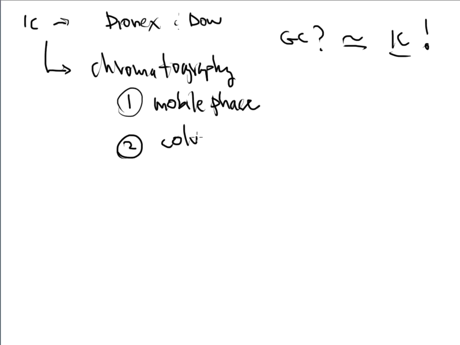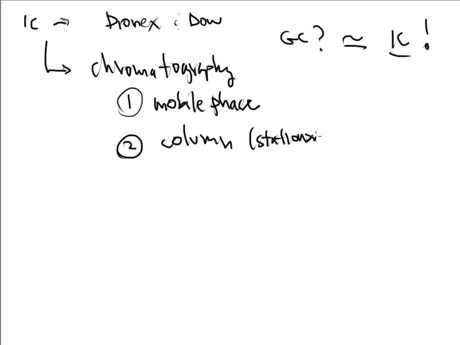We also have to talk about the column. The column is where the separation begins to take place. In terms of GC, you learned about silica columns, which are basically glass columns, capillary columns, versus the metal packed columns that we used to use back in the day. Well, those columns are slightly different for ion chromatography. So they look different, and they are made up of different materials, and they have different stationary phases on the inside of them.